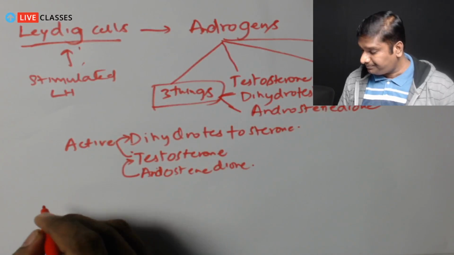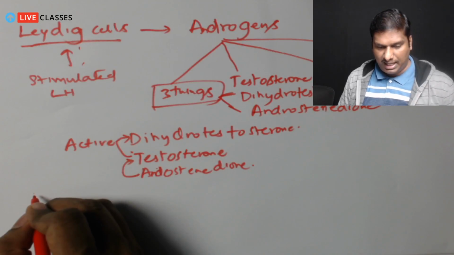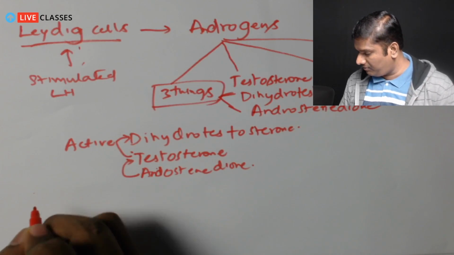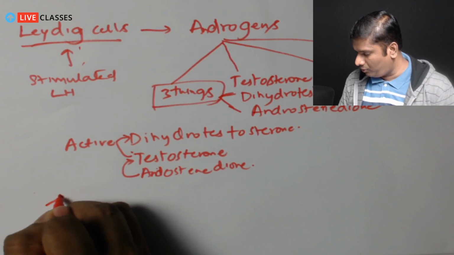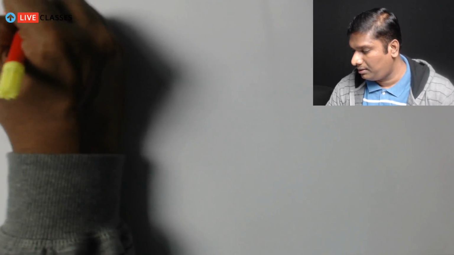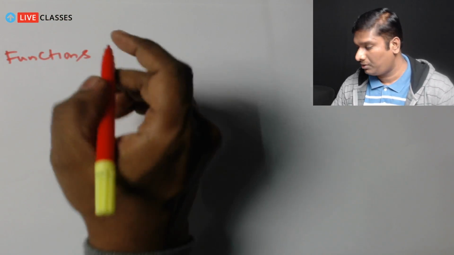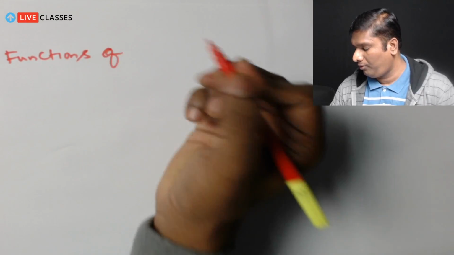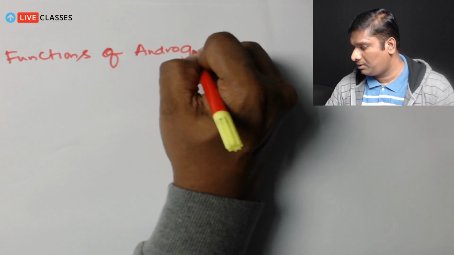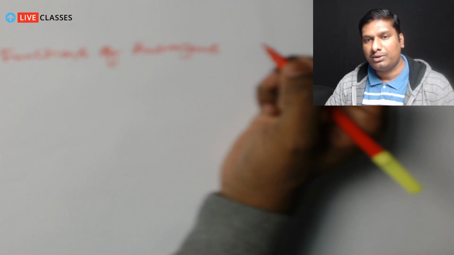Then what do these hormones do? They have a specific role to play, with several functions. We'll look at the functions of the androgens: testosterone, dihydrotestosterone, and androstenedione.